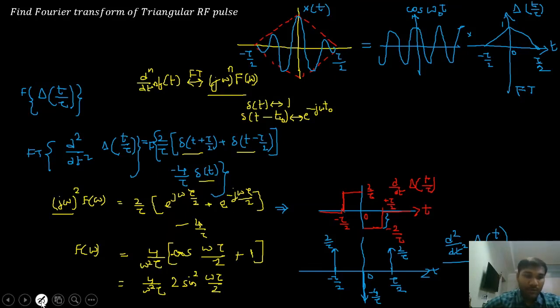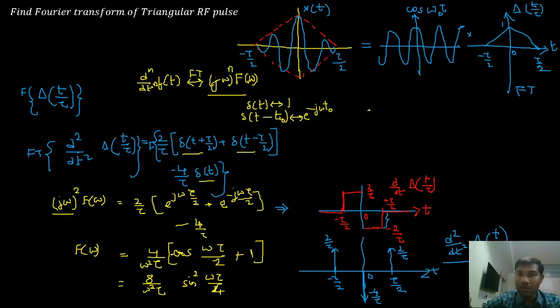Now if I simplify this, 4 into 2 becomes 8. So 8 by omega square tau sine square omega tau by 4, and this is 4.